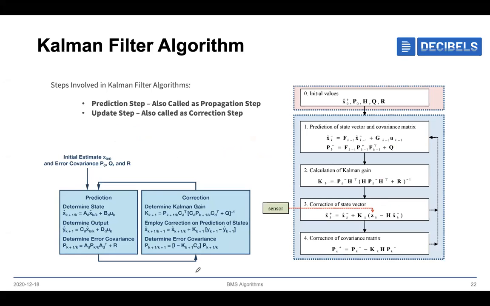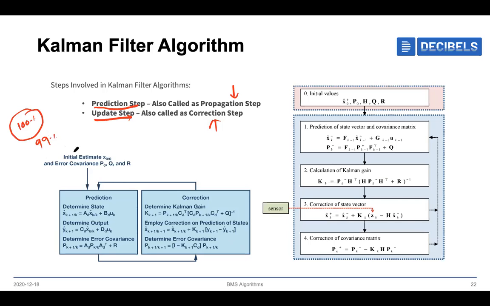So how do we develop the Kalman filter algorithm? In Kalman filters, we have two steps: a prediction step and an update step. The prediction step is also called the propagation step, and the update step is called the correction step. Initially we predict some value. Let's say we initially give 100 as our state of charge. In the next step, it will predict some state of charge like 99%.